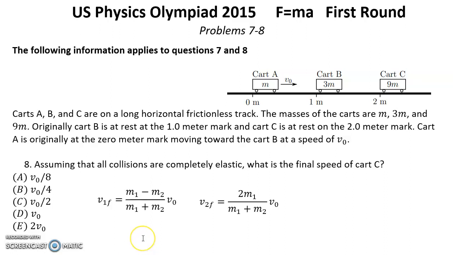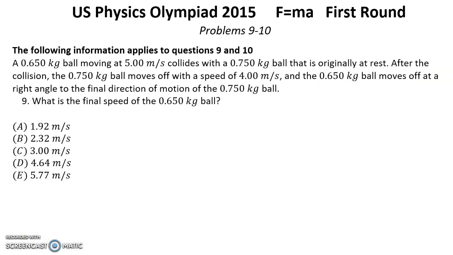As we can see from the formulas, after the first collision, the first cart will move back and the second cart will move forward with the speed v0 over 2. The same thing will happen during the second collision. The second cart will move back and the third cart will move forward with the speed v0 over 4. That's the solution, B is the correct one.